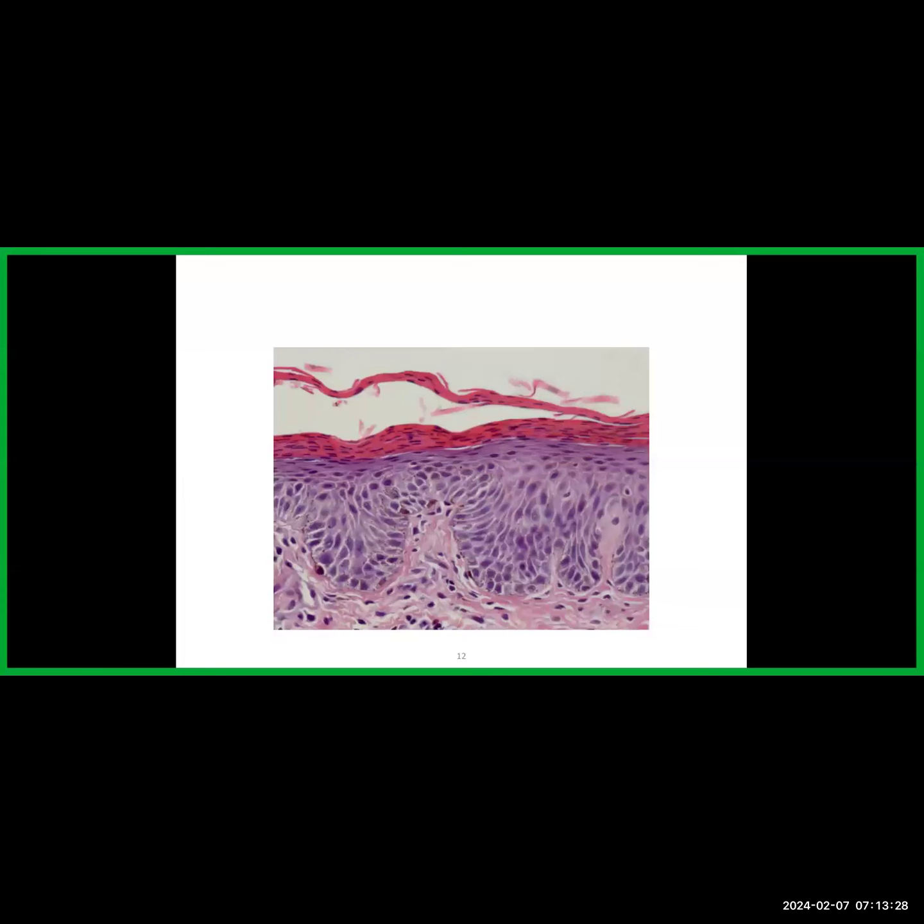And you can see acantholytic cells within the cleavage. And then underneath, there are no inflammatory cells or bacteria. This may differentiate it from other forms of blistering skin diseases, which I will go through later.